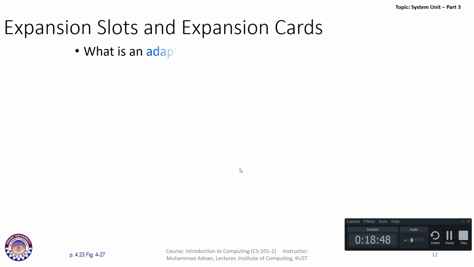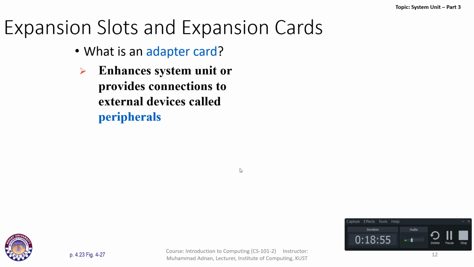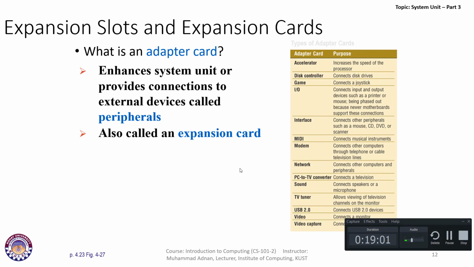And then we have some important concepts called expansion slots or expansion cards. Expansion cards are important because often we need them and we use them. The first one is, what is an adapter card? Adapter cards enhance the system unit or provide connection to external devices called peripherals.